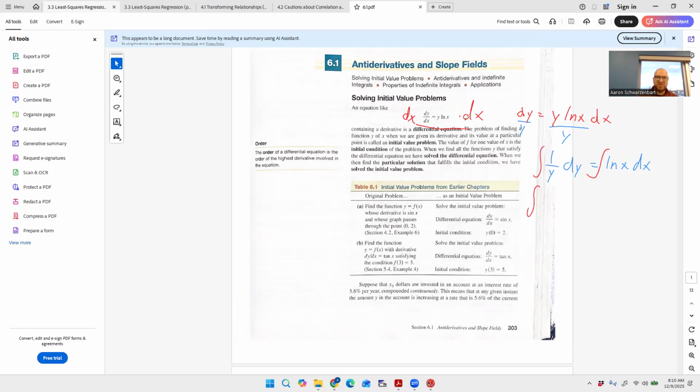Actually, I'll just write the integrals there. That was not what I wanted to do. I just want to erase this. So this becomes ln y equals, hold on. This requires a method that I don't want to take the time to do.